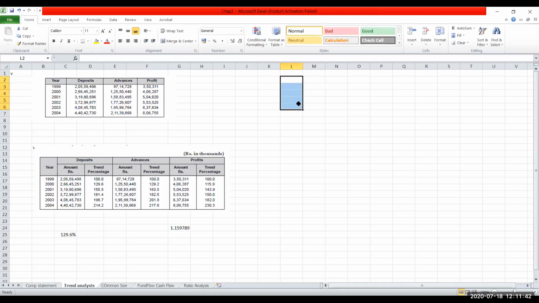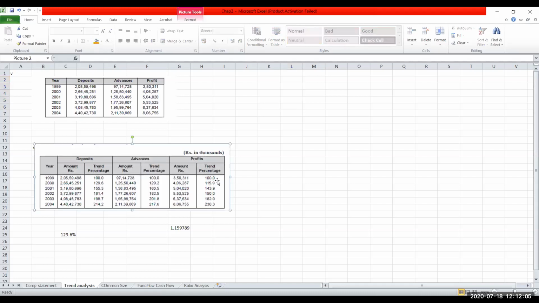Wherever you consider, this is just a starting point. I don't say that you have to make it 100; I say it is a starting point. Whenever you do a running race, the starting point should be 0, right? Then you start from there. Same thing here also. We take it as 100. If I want to say, this to this, what is the percentage of increase? I say 15% increase from this year to this year.